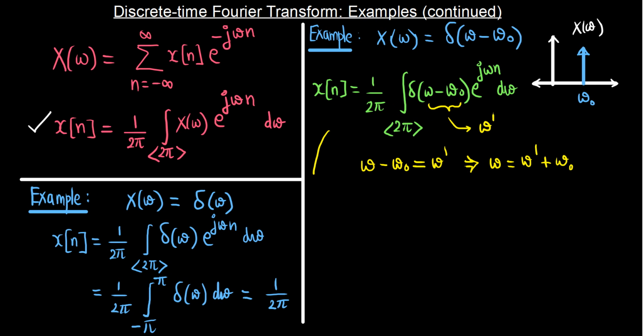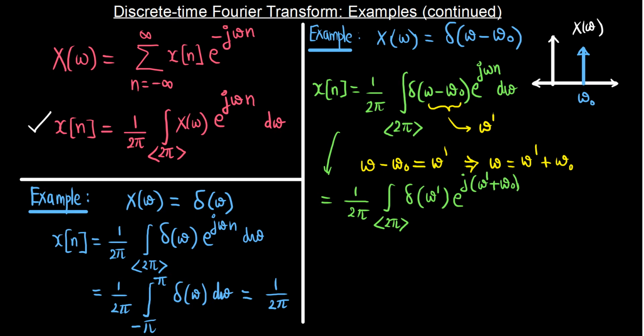What we're going to get here is the expression that is going to be equal to 1 upon 2 pi, with limits over a period of 2 pi, del of omega dash e power j, now this omega is going to be omega dash plus omega naught times n, d omega.